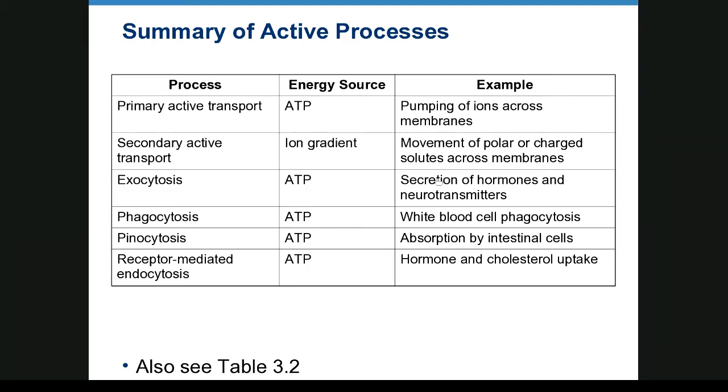Exocytosis: secretion of hormones and neurotransmitters. Phagocytosis: white blood cells eating bacteria. Pinocytosis: absorption. Hormone and cholesterol uptake.